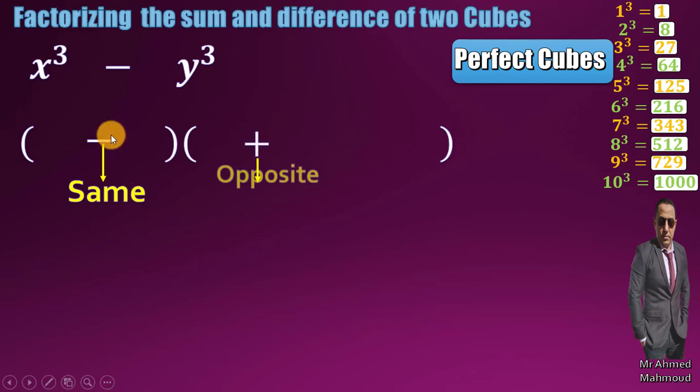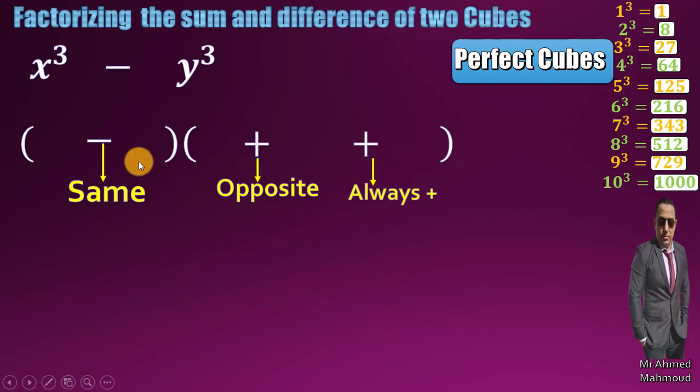Because this sign is negative, its opposite is positive, so this sign is forever opposite to the original sign. Finally, the third sign here is always positive, whatever the signs before.